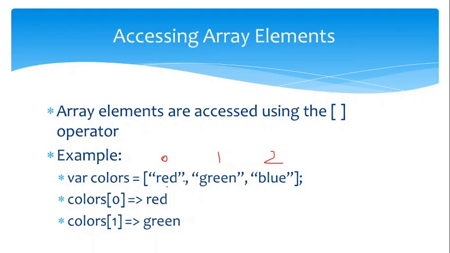Color of 0 is red, color of 1 is green, and color of 2 is blue. This is the way we can access the elements we have given in the array.